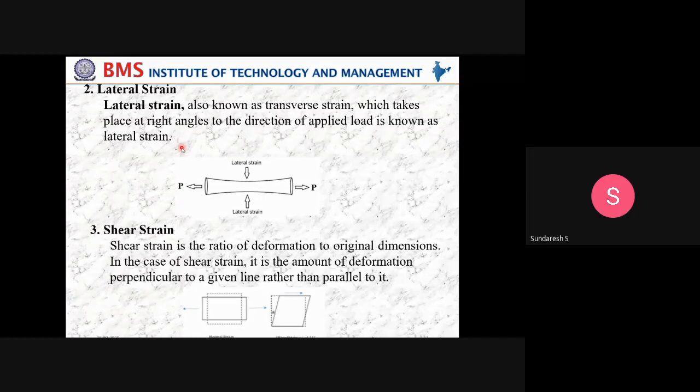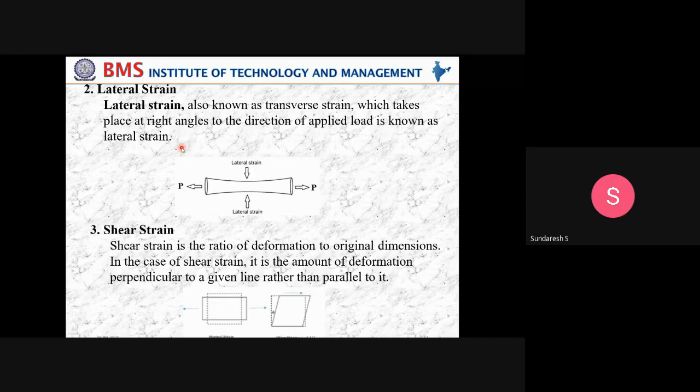If the load acting is along the axis, whether it is tensile or compressive in nature, the change in dimension or deformation will take place along the direction in which the force acts, as well as simultaneously in the direction perpendicular to the direction in which the force acts. There also the changes in dimension will take place.